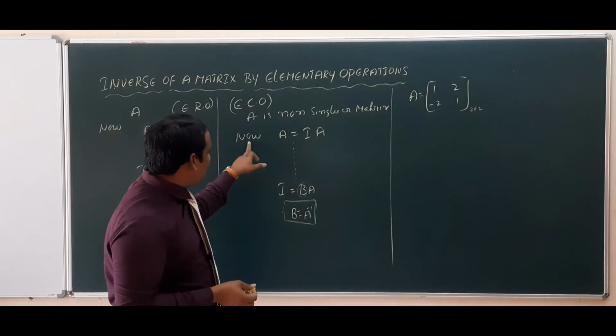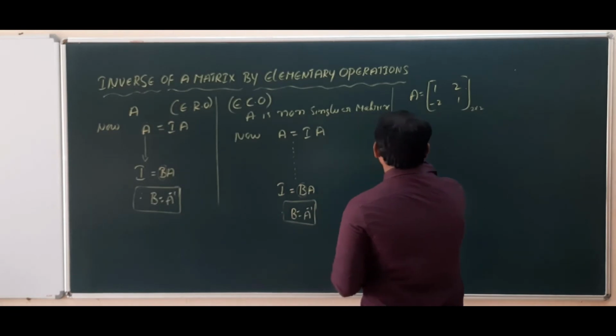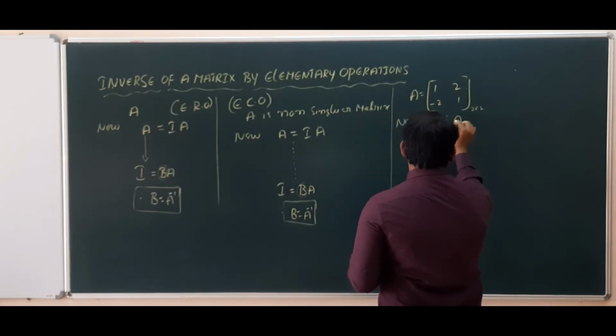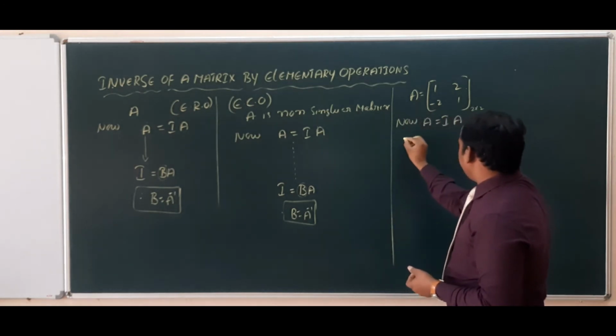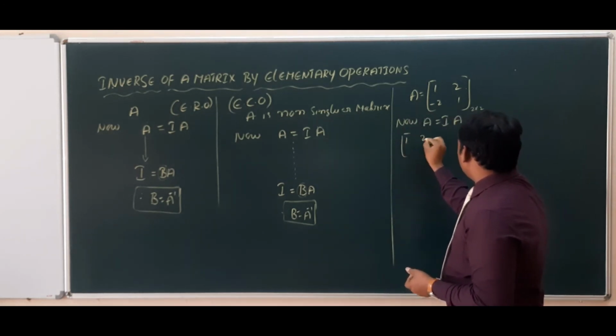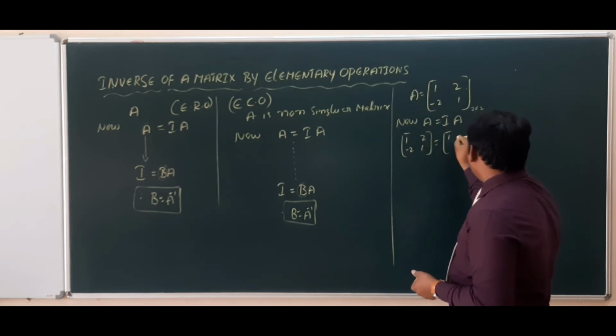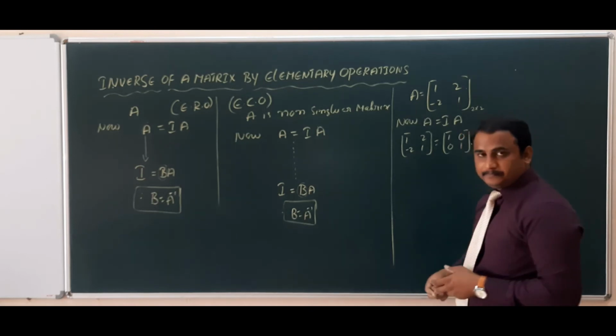Same thing here, first take A equal to IA. What is the A matrix here? [1 2; minus 2 1] equal to I, the identity matrix [1 0; 0 1], into A.